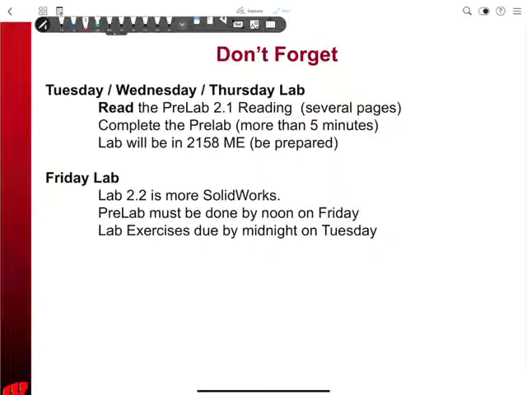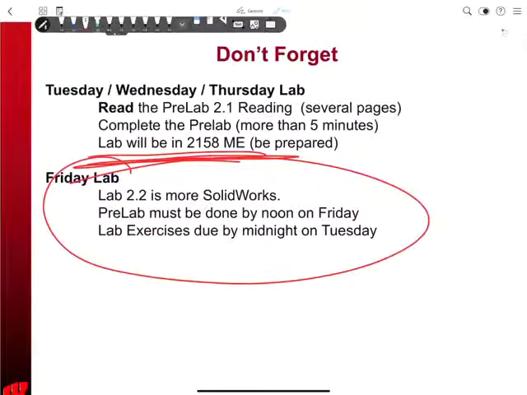So be ready for that. We will meet in person for those of you who are not quarantined. We'll meet in person in the lab Tuesday, Wednesday, or Thursday. Friday lab, right, is more SolidWorks. We're going to start to work on assemblies and putting a bunch of parts together. So that's what we'll be working on then.